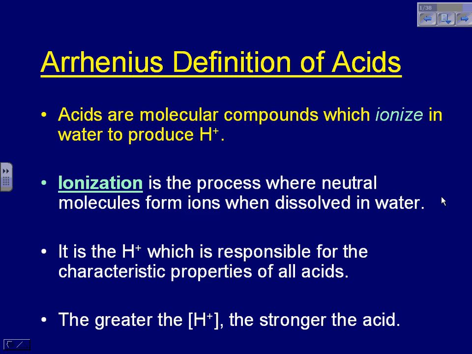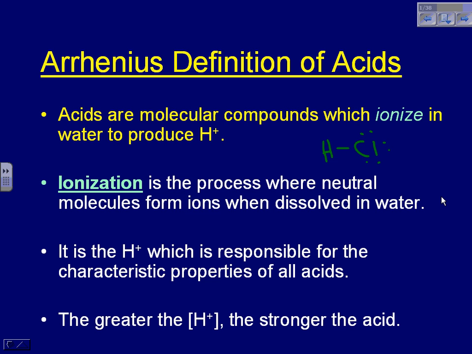Now that's a little different than what we've encountered before, called dissociation. Dissociation takes place when we have an ionic compound. They already exist as ions, and so when they go into the water, they simply separate away. That's dissociation. But a molecule like HCl is a bonded molecule. H, single bond, Cl, there's our Lewis structure.